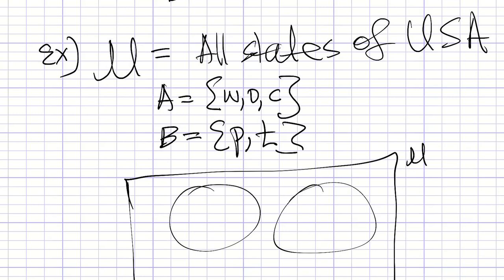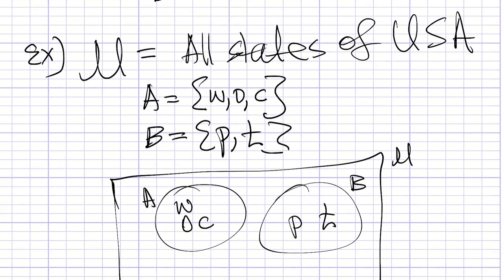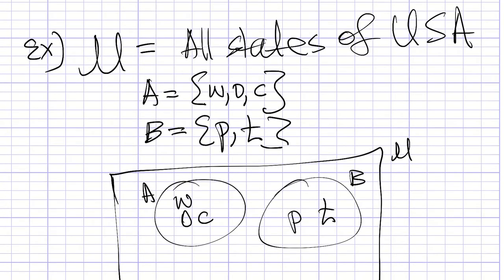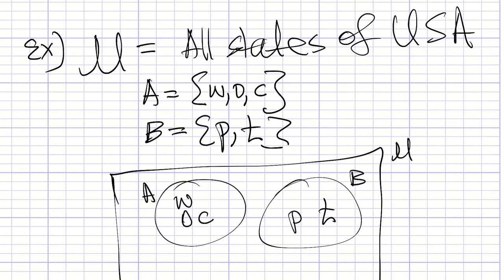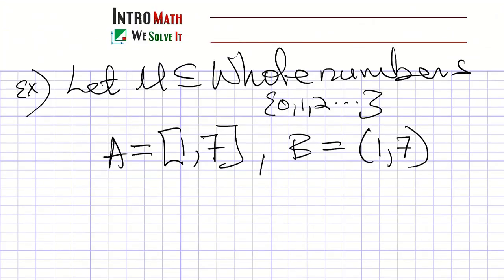So you draw A and B, and these are the elements of A, put them anywhere you want, and P and T for B. So notice another terminology we used before: we say that those two sets are disjoint, right? They have nothing in common. They do not intersect. They are disjoint.